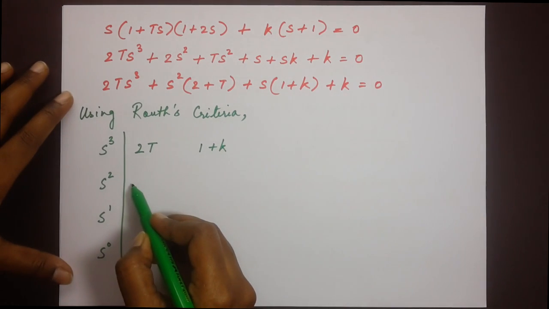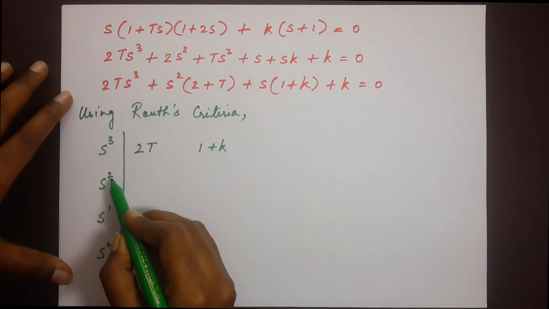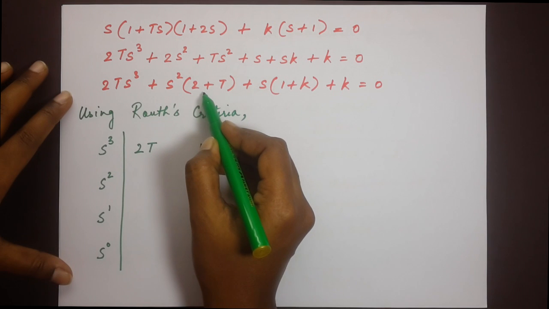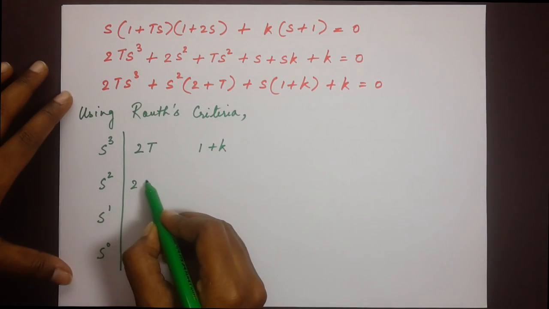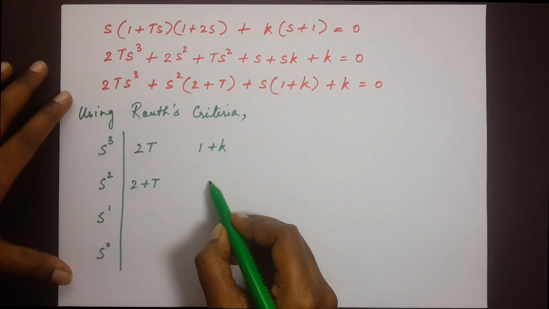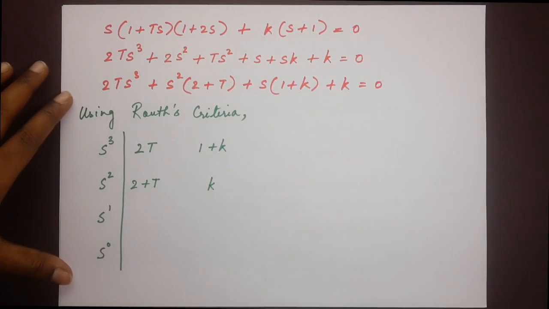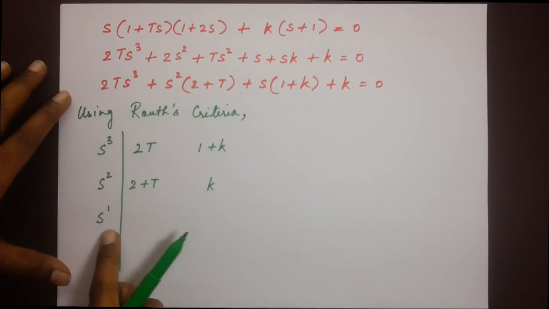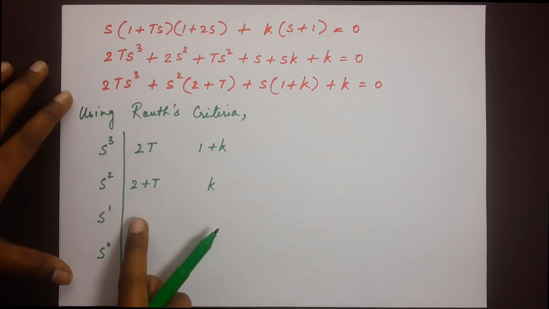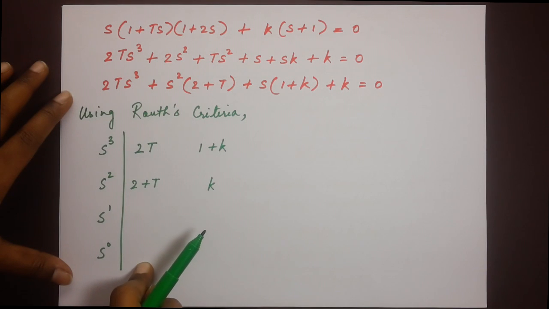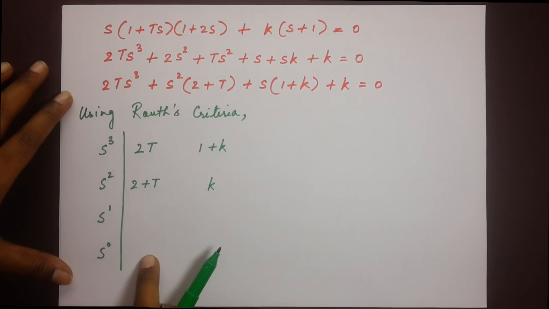That's it. Now for s square. For s square we take the even powers of s. So the first term is 2 + T and the second term is K, because that's a constant, s power 0. Now we will have to write down the elements for s to the power of 1 and s to the power of 0.